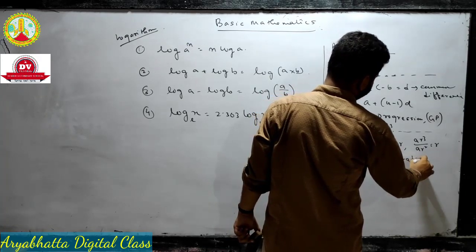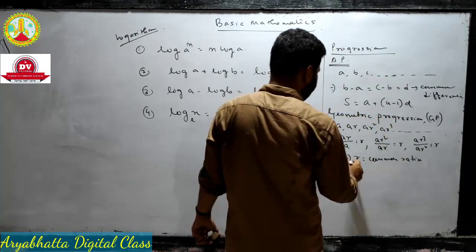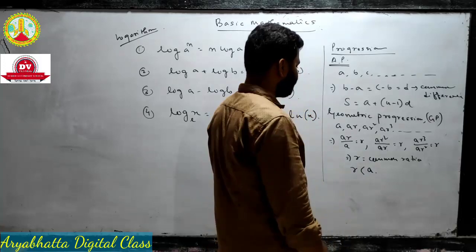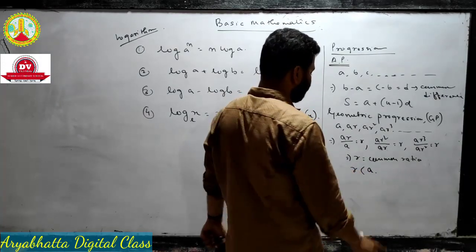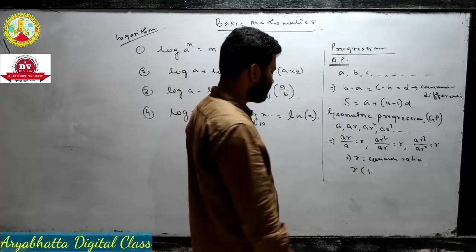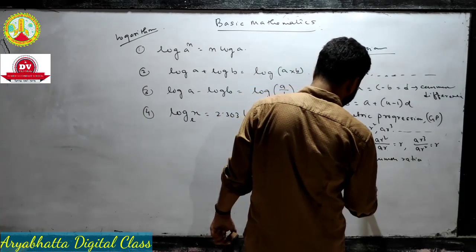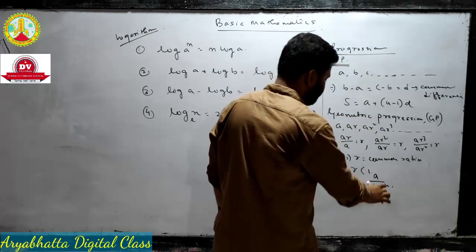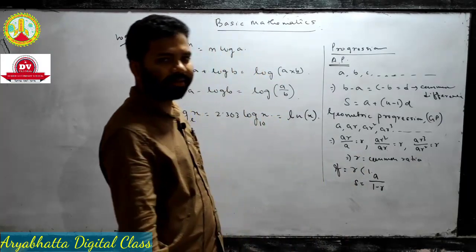Common ratio. In physics, you will always get the value of R less than 1. So if R is less than 1, then sum of GP is equal to A divided by 1 minus R. We will not keep n here, we will simply write S equal to a by 1 minus r.